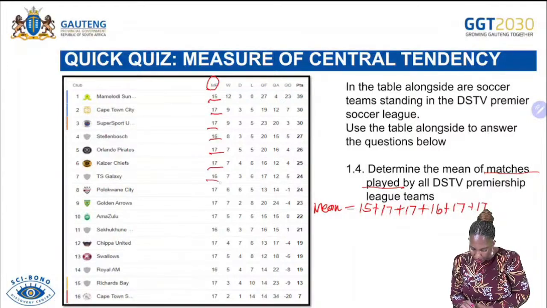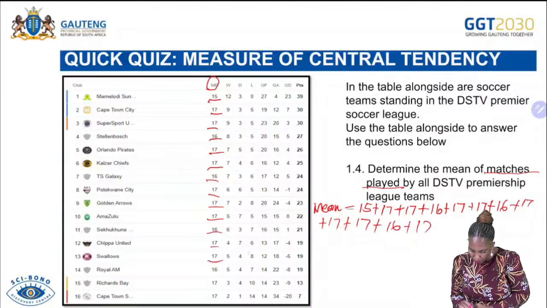Now we are at 16 plus 16 plus 17. Because I don't have space, I will add another 17 here, plus 17 plus 16 plus 17 plus 17 plus the 16 plus the 17, and then the last one being plus 17.